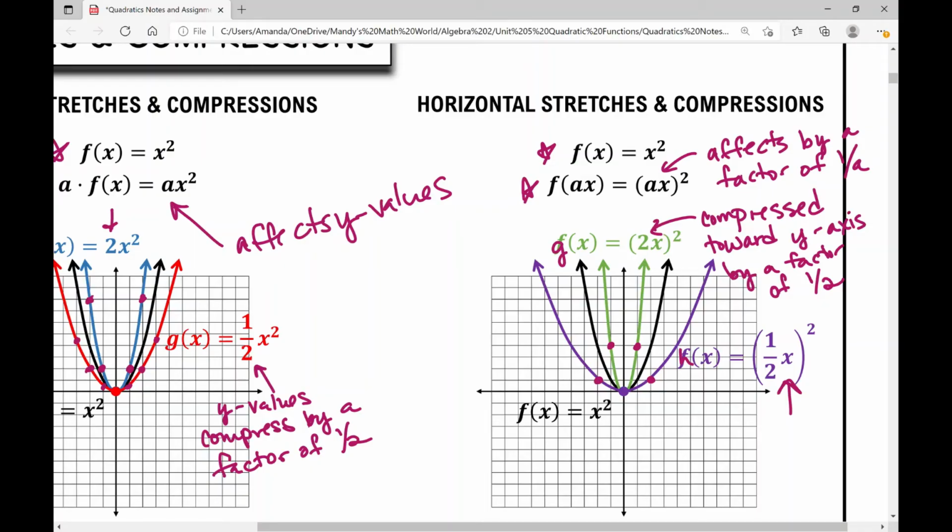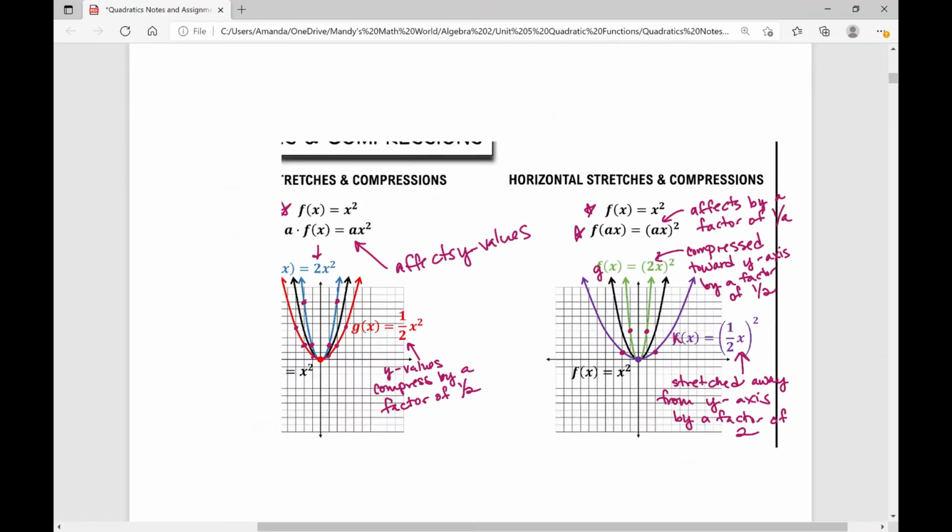It looks like a vertical compression, but how do we say this correctly? This is actually a horizontal stretch, and it's stretched away from the y-axis by a factor of 2.